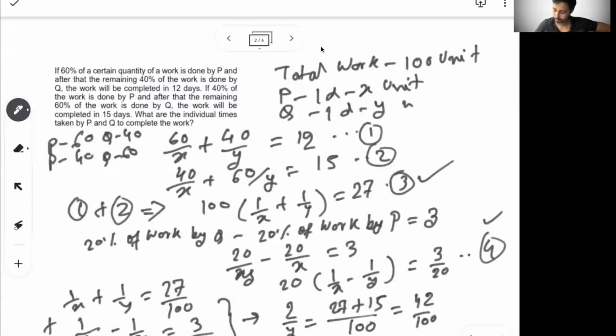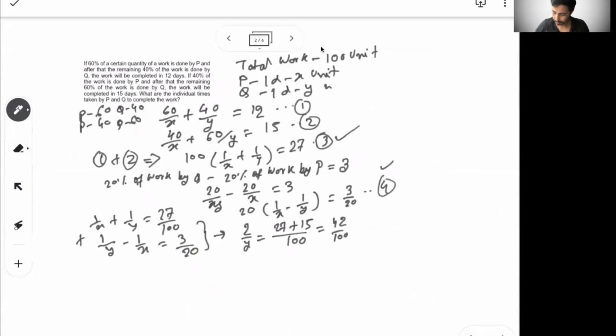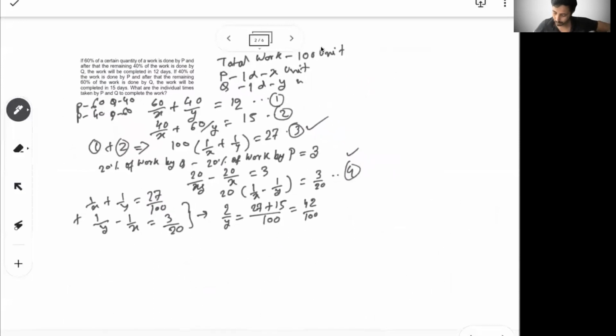Or from here we can find out, just reduce it a little. So we know 2 by y is 42 by 100. So from here I can write 1 by y is 21 by 100.